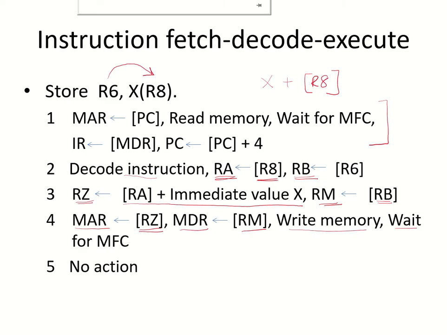Wait for memory function complete will be done so that once this signal is received, it shows that the memory write operation was complete. And once it is complete, that means this data has been written into the memory. So the fifth stage does not require any action because the task that was to be performed has been completed in stage 4.